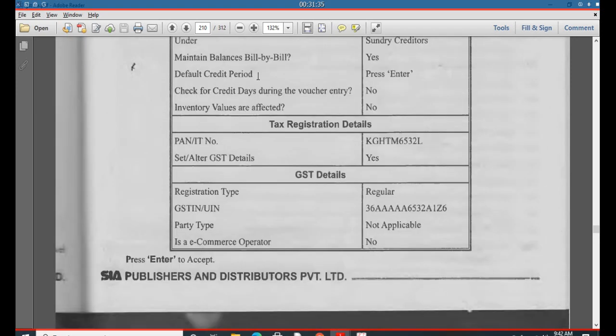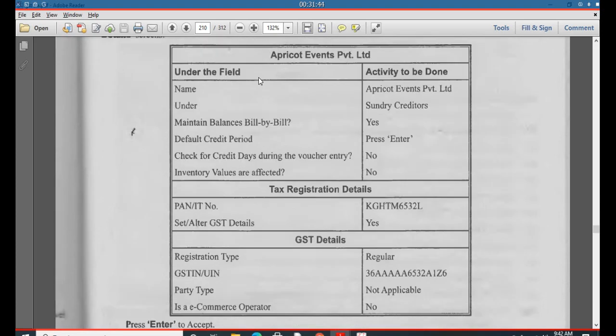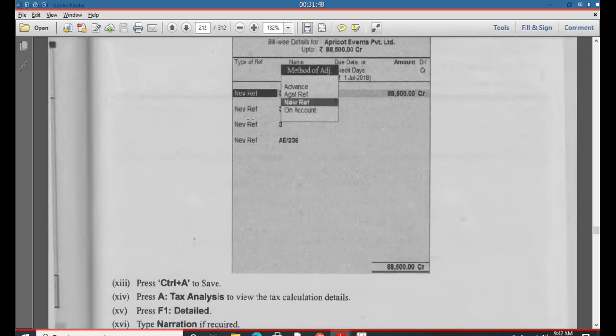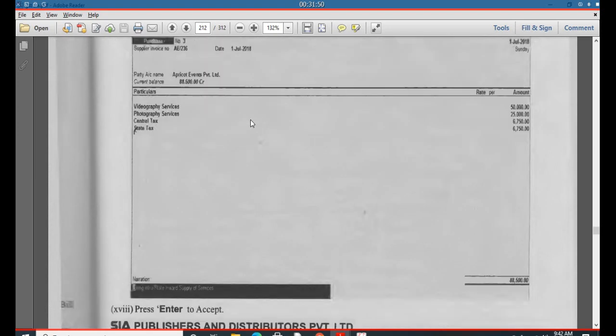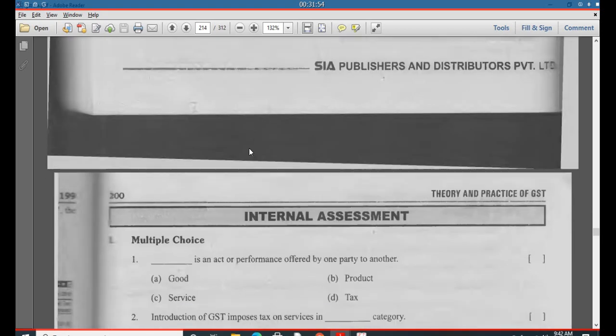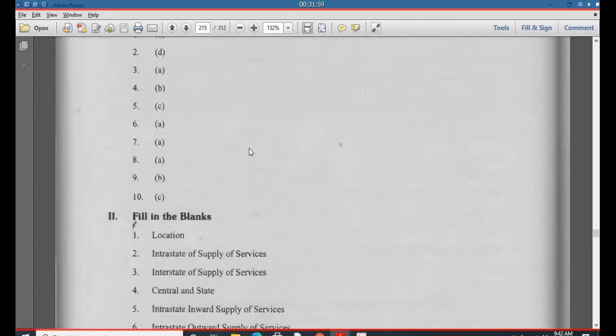So all these things we have done. We completed 2, 3, 4, three units already, and the last unit is only for reports, how to view them. So maybe this week we'll finish this GST chapter, and from Monday again we'll go with a recap. Okay, so this is all about your unit 4.